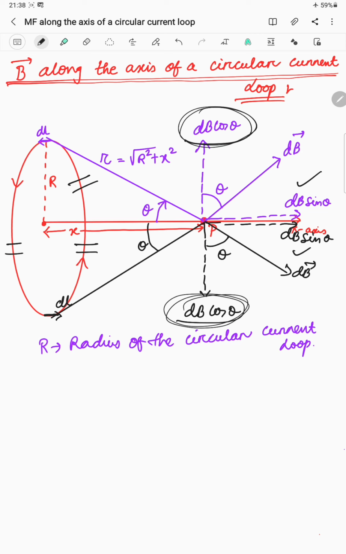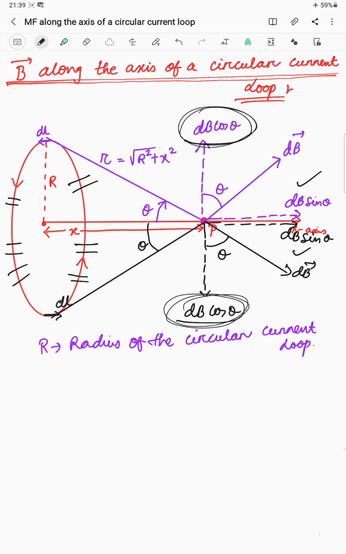So all these dl components will constitute the total circular current loop. My point here is that wherever you take a dl, there will be another opposite dl where the cos components get cancelled out, and finally only the sin components are left.